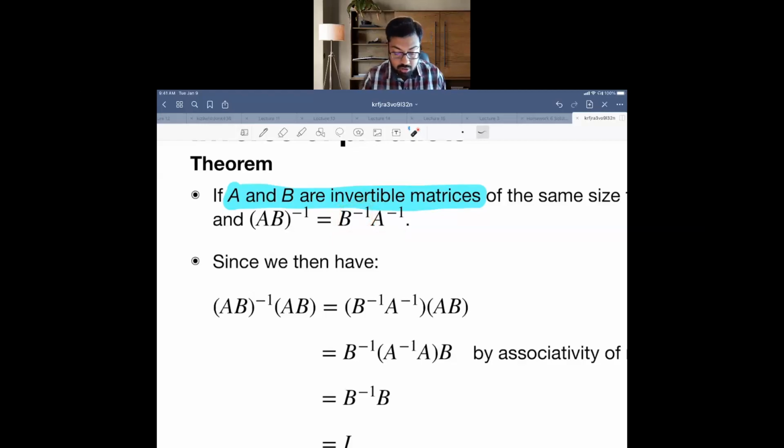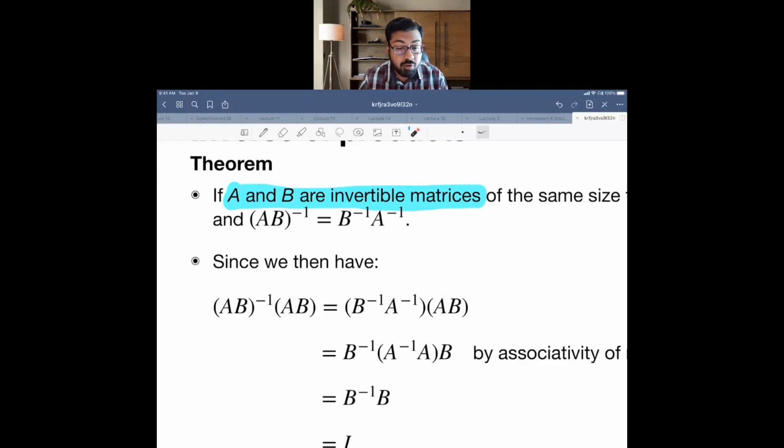You have to switch the order of the matrices while you are inverting each of them. So you do B inverse, put that up front, and then multiply it with A inverse. And finding B inverse and A inverse again involves finding the determinant of B, finding the adjugate of B, finding the determinant of A, finding the adjugate of A, and then doing B inverse multiplied by A inverse. So you're switching the order.